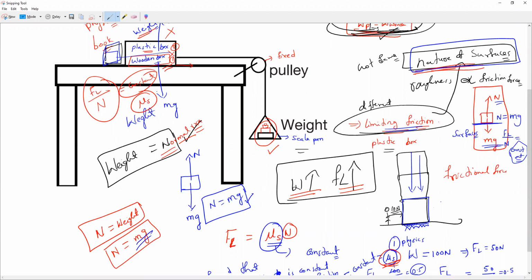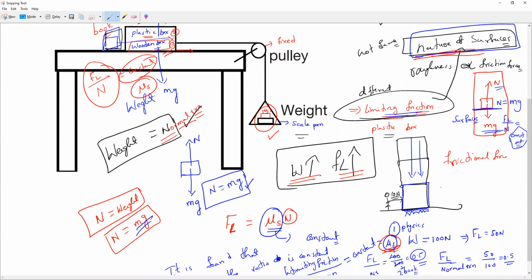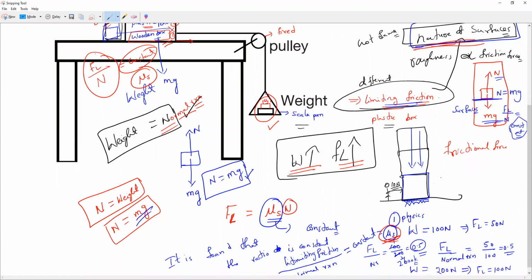Also remember, limiting friction is directly proportional to the normal reaction. In the sense that the greater the normal reaction, the greater the friction. Is it right or wrong? I'll put now 100 newtons weight. Then the normal reaction, let me take, is also 100 newtons. Then limiting friction, for example, is 20 newtons.